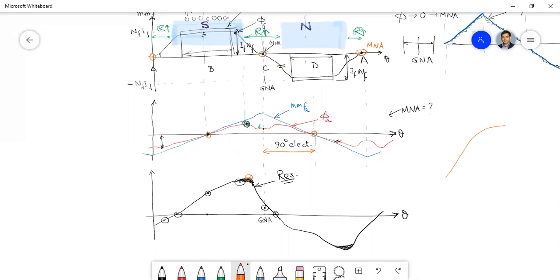Though you are adding linearly, actually after this knee point of the BH curve, there will be some saturation. Due to the saturation, there will be some reduction in the flux density or the flux value. Are you getting?